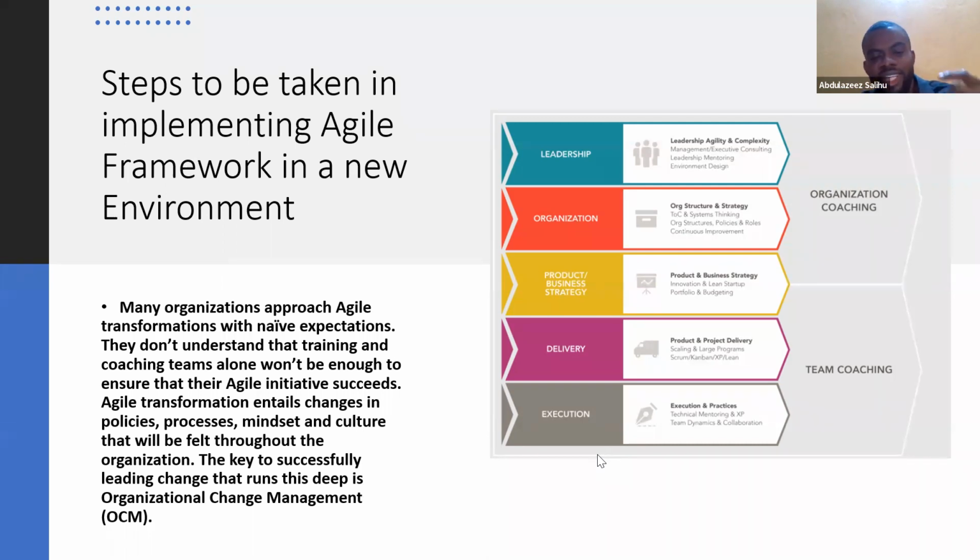Agile transformation entails changes in policies, procedure, mindset, and culture. And that will be throughout the organization. It has to be felt throughout the organization. So the key to success in leading change is that it has to run deeper.